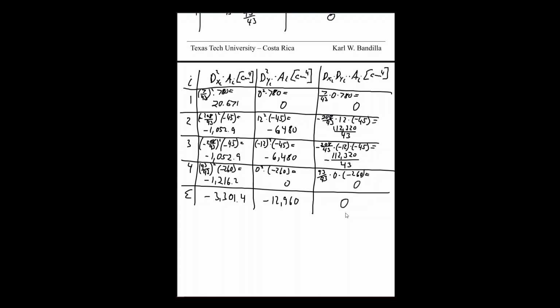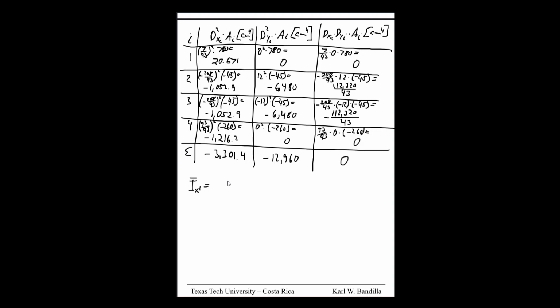Excellent. So now we've got everything that we need to get our moments of inertia. We get I x prime bar would be the sum of Ix, which was 125,185 over 3 centimeters to the fourth, plus the dy term, that would be minus 12,960.